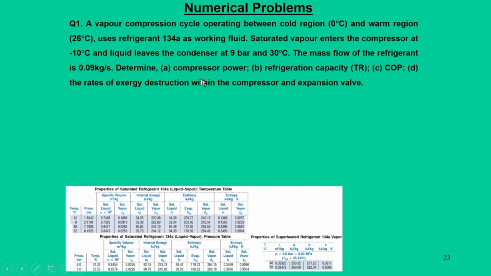Another point is that the saturated vapor enters the compressor at minus 10 degree centigrade, but we do not know where it leaves. It leaves probably at 9 bar, but what enthalpy or entropy we do not know.